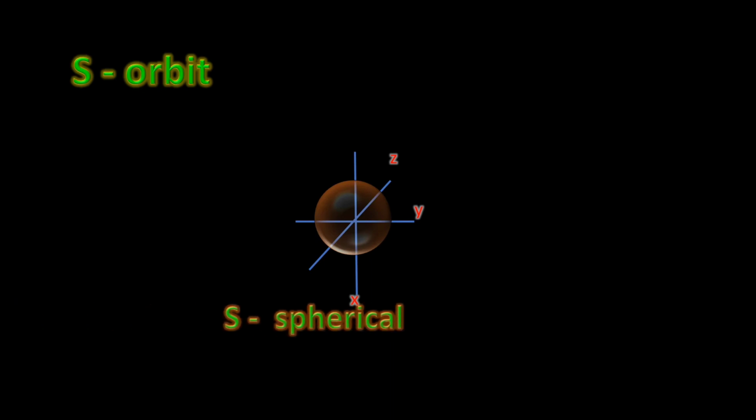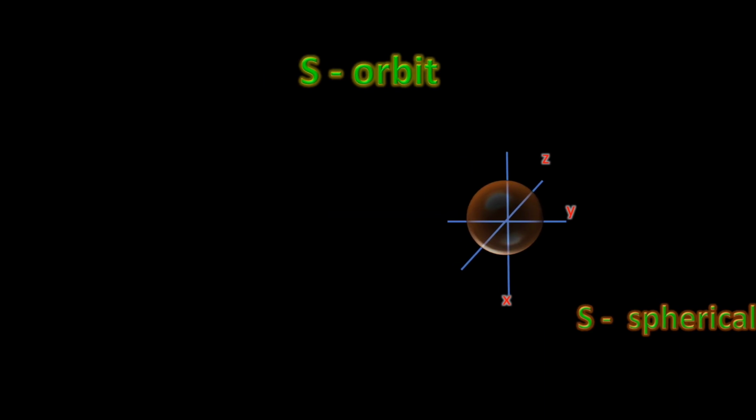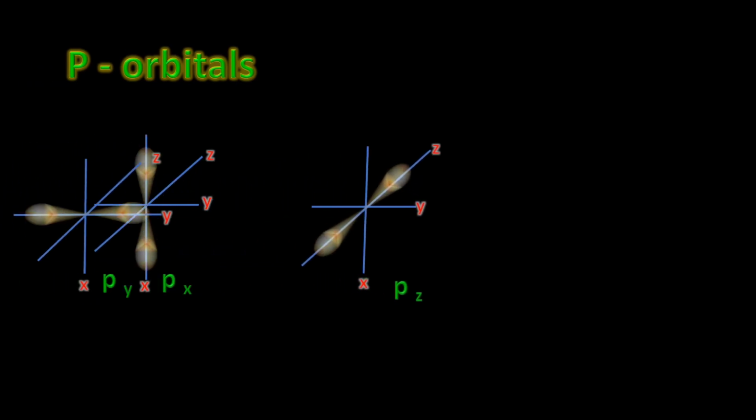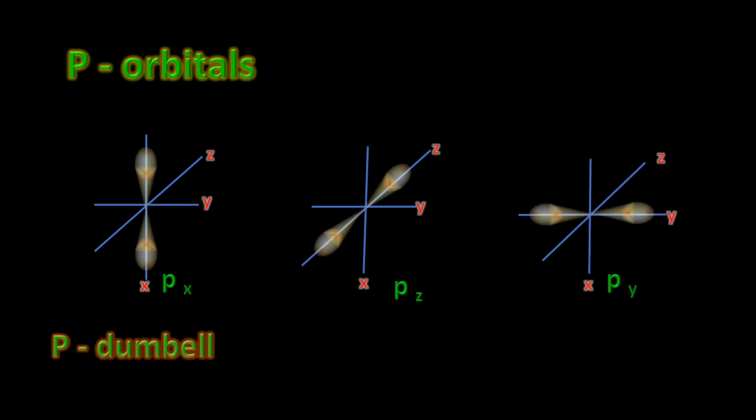Look at the s orbital, which is spherical in shape, and the p orbital, which is dumbbell in shape and has 3 orientations: Px, Py, Pz.